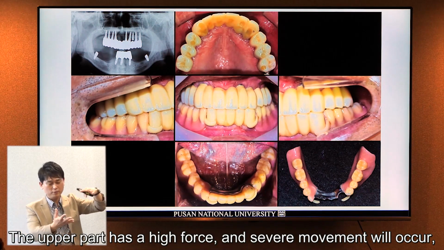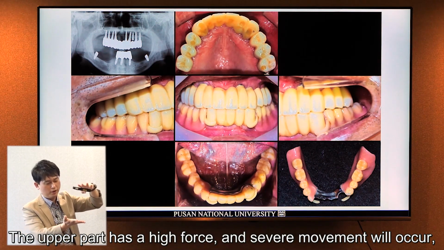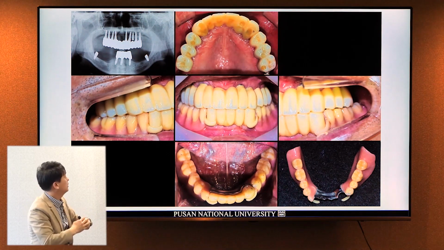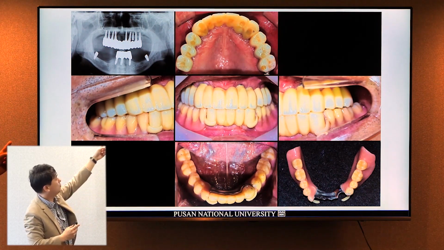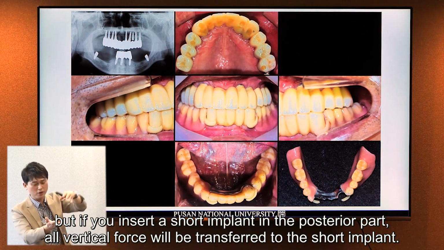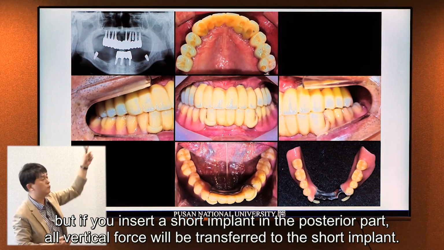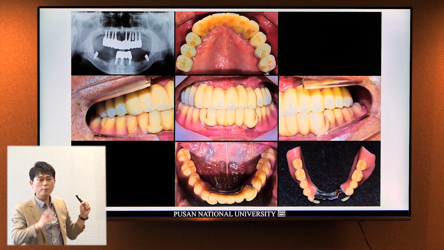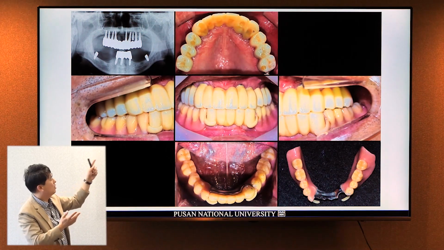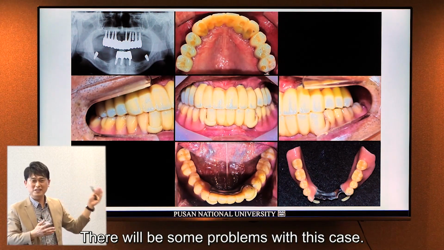The upper part has high force, and then severe movement will occur. But if you insert short implants in the posterior part, every vertical force will be transferred to the short implants. Definitely, the short implant will be broken or cause peri-implantitis. I don't know exactly. Anyway, there will be some problems in this case.